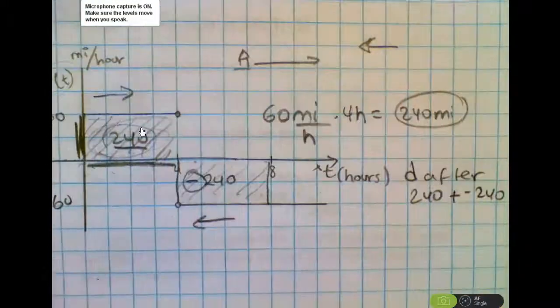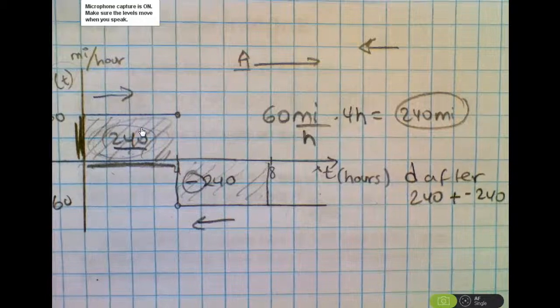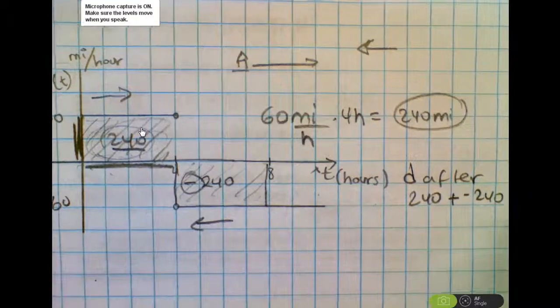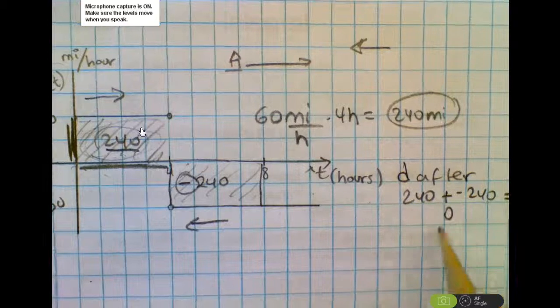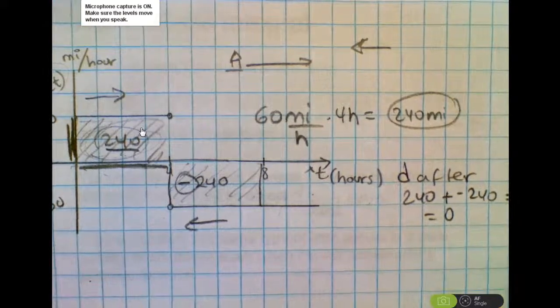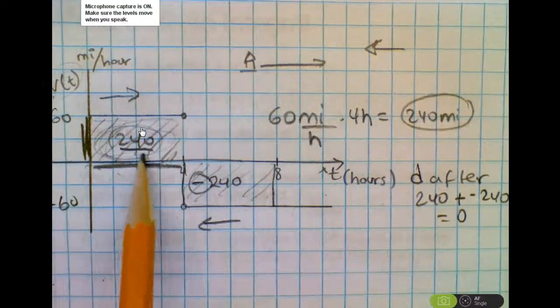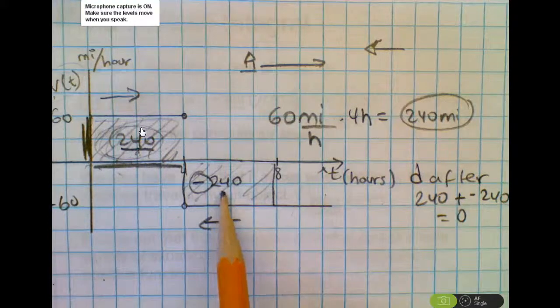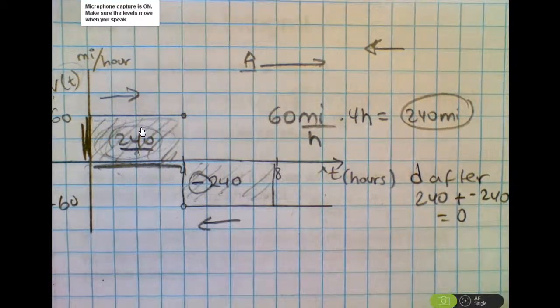So after 8 hours, the answer to how far are you from home will be 0. I'm back at home, because I went away 240 miles and then I went back 240 miles, so I'm back where I was before.